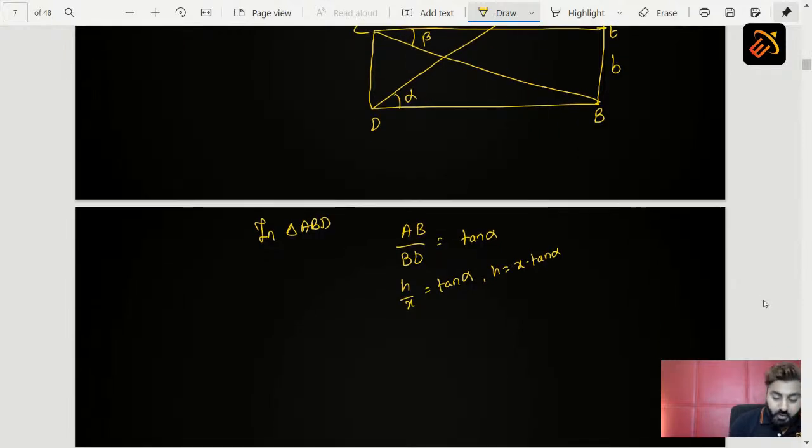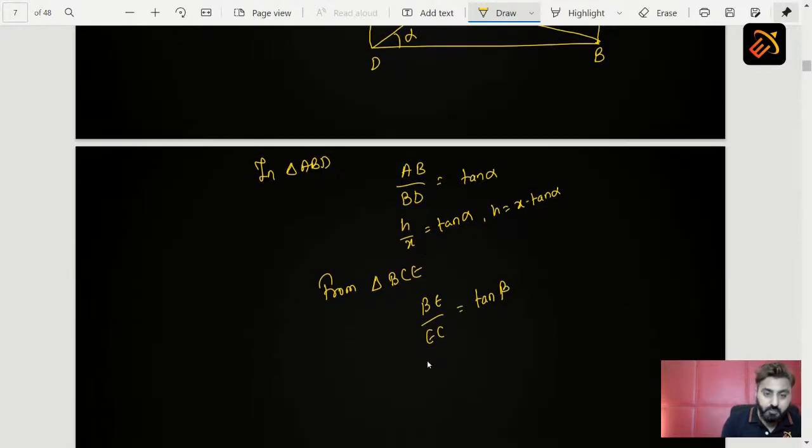Now, from that right angle triangle BCE, which one? BCE. So from triangle BCE, what can you say? We can say BE upon EC is equal to tan beta. Now, BC upon EC is basically b by x, which is equal to tan beta.